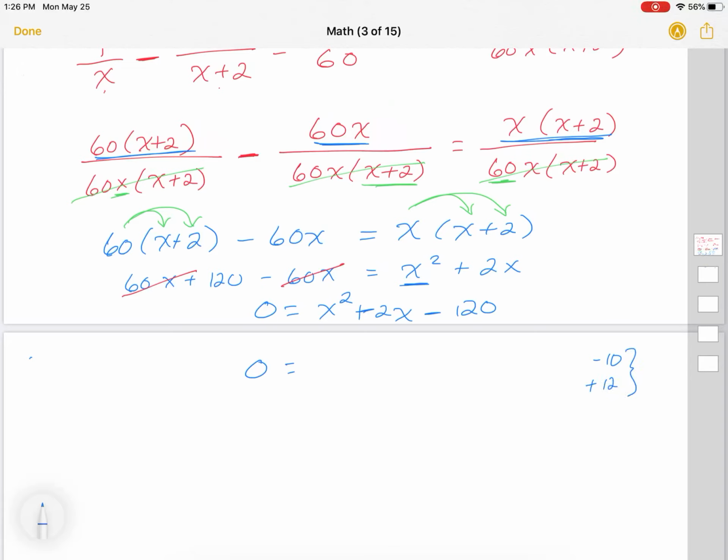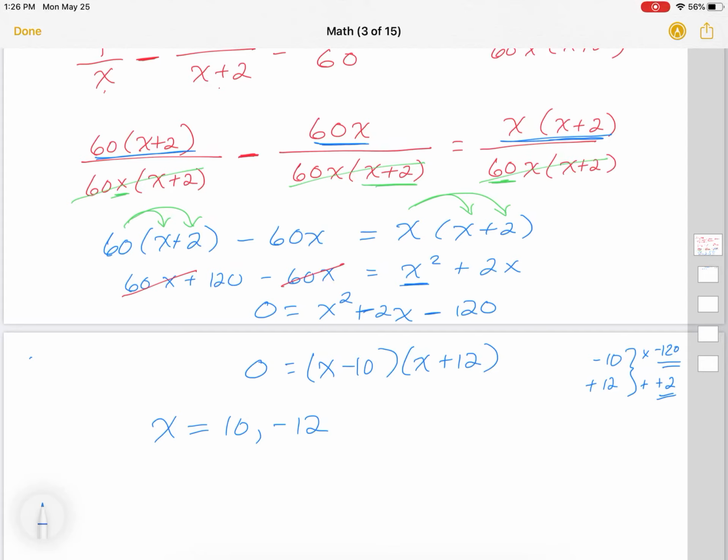Those are the 2 numbers. They multiply to give me negative 120, and they add up to positive 2. Okay, so from that I get x minus 10 and x plus 12. Now for my solutions, this would mean x is equal to either 10 or negative 12.